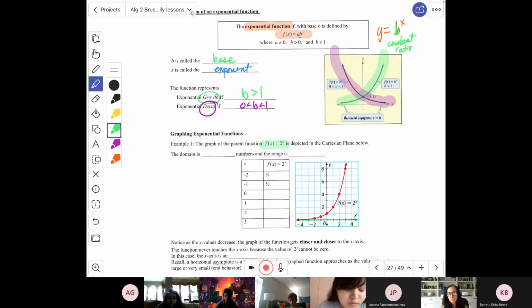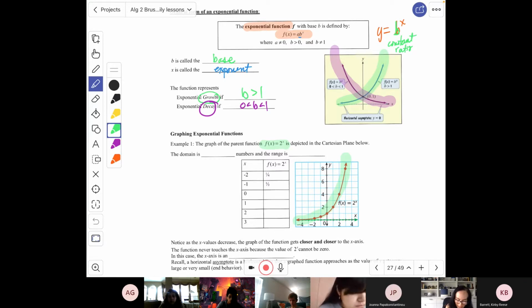Anybody? Growth. Growth, because the base is 2. And we could make a table of values, and we could graph this table of values. Now, let's talk a little bit more about the domain and the range of this exponential function.